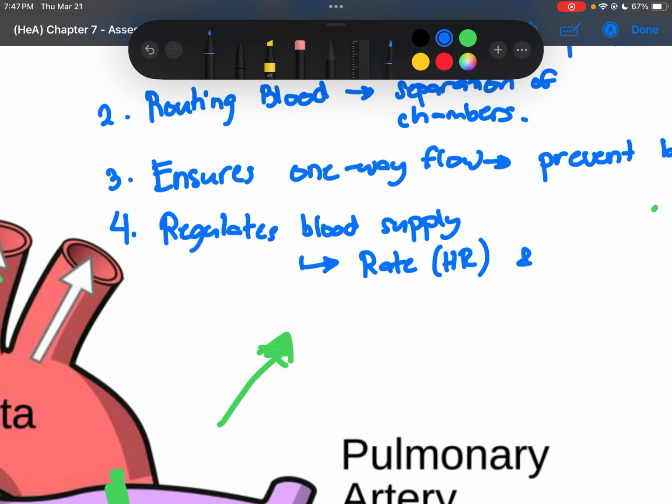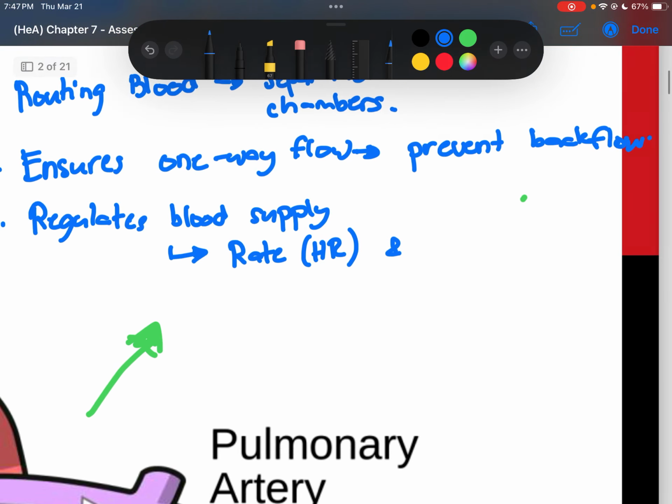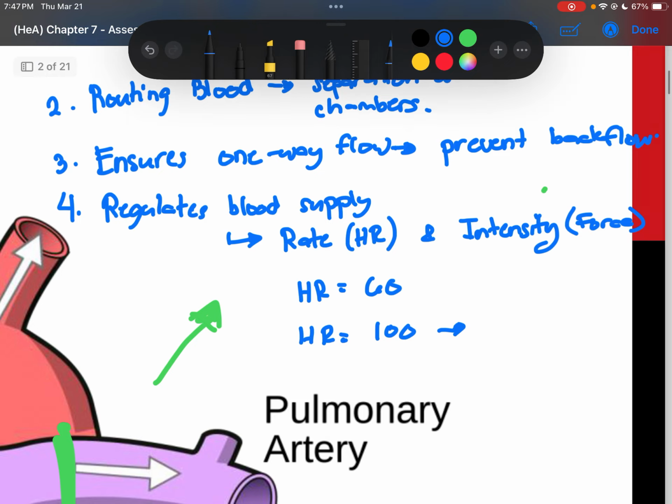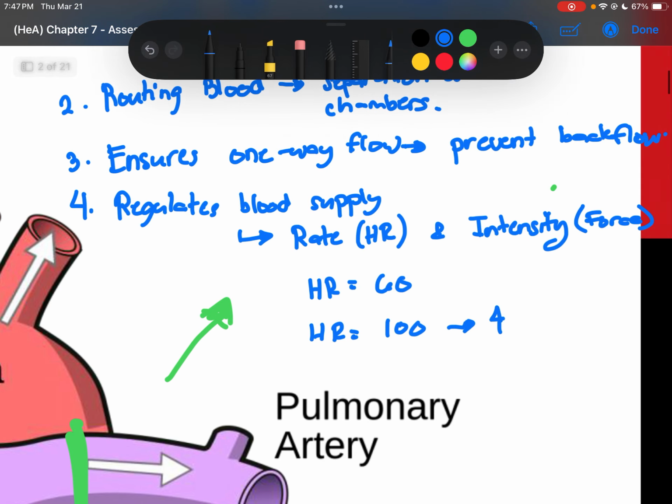And the next is intensity, meaning how strongly it contracts, or the force. For example, if the heart rate of one patient is 60 and the other is, let's say, 100, obviously the person who has a heart rate of 100 has more blood output.